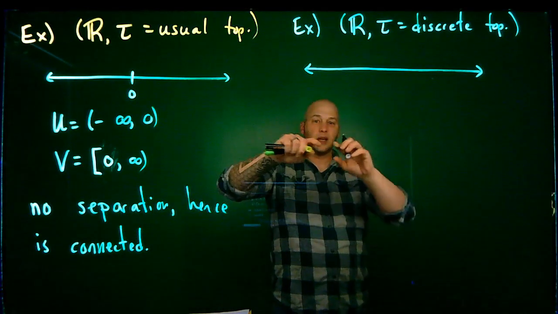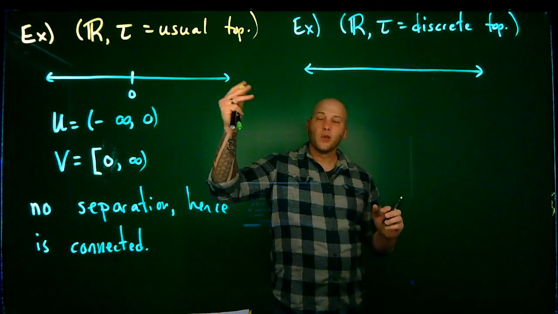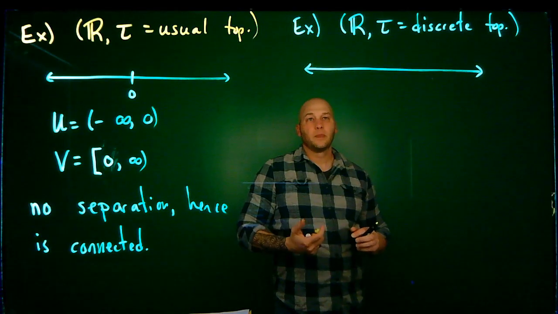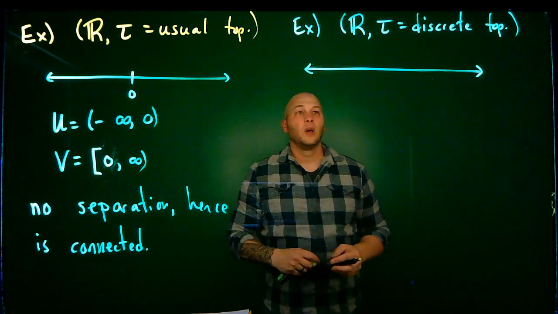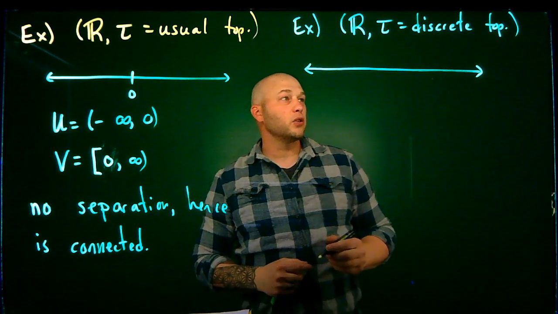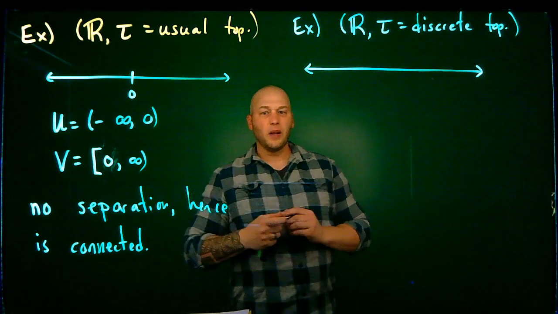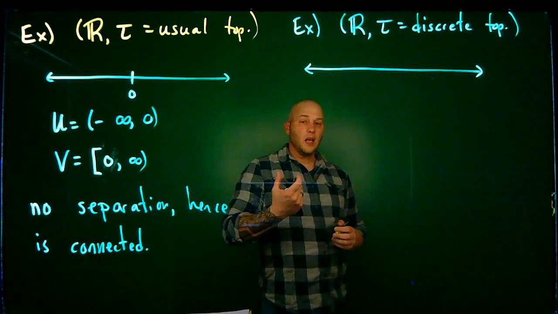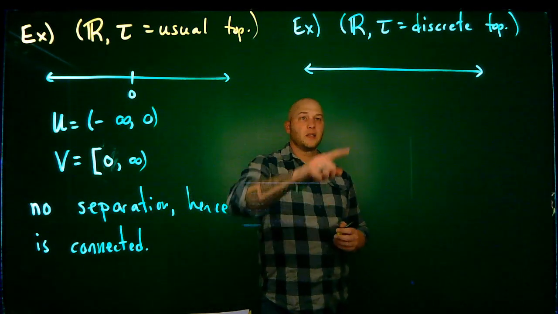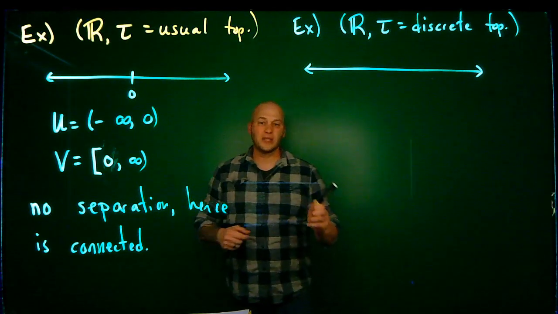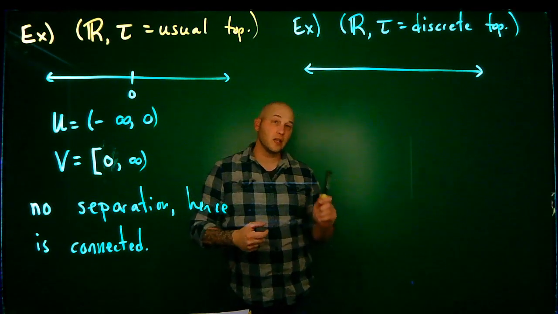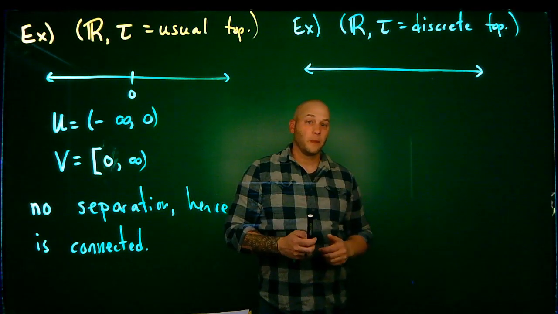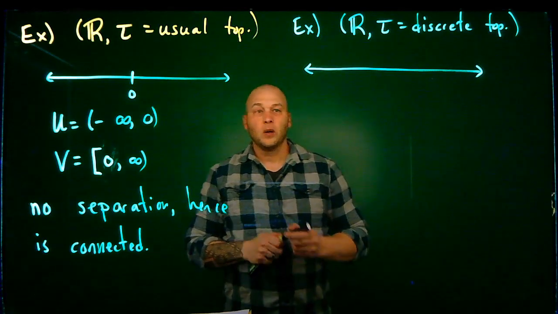I'm only giving an indication for the underlying set, which is the real line. Well, remember what the discrete topology was. That means the power set is the same thing as tau. In other words, every single subset of the real line is open.